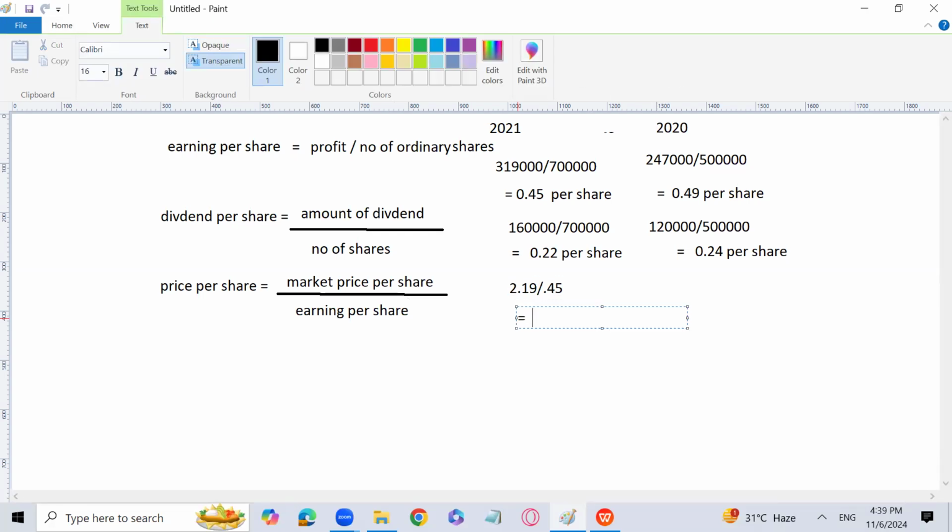So how much is the answer? 4.86 times. So our market price is 4.86 times our earning per share. It should even be more than that. The more the difference between market price per share and earning per share, the better it is for the business, because it shows the investor confidence and the capital growth of the business.